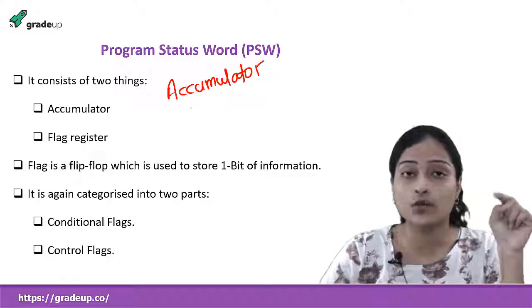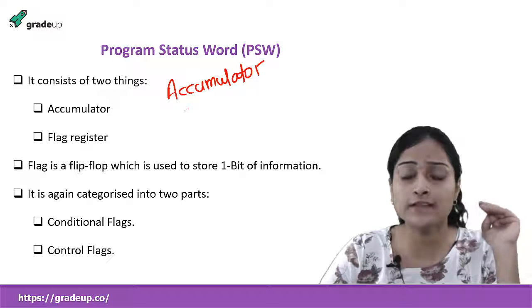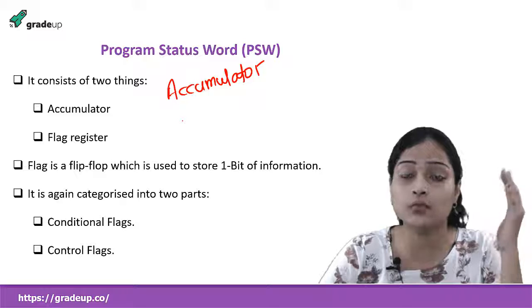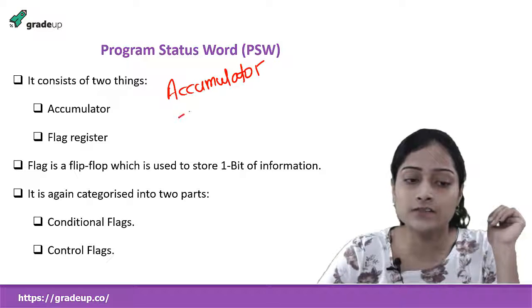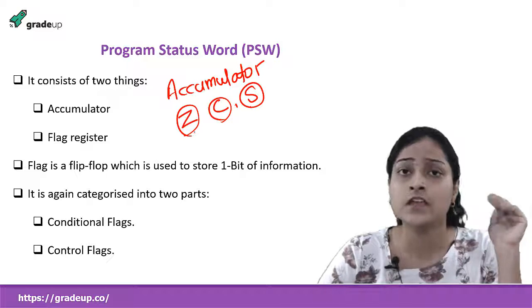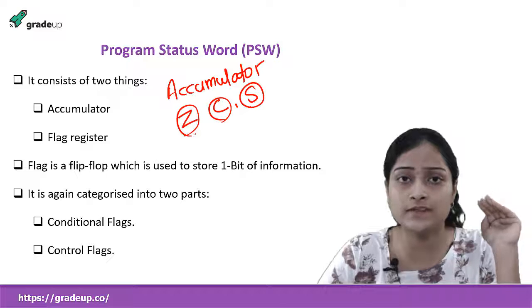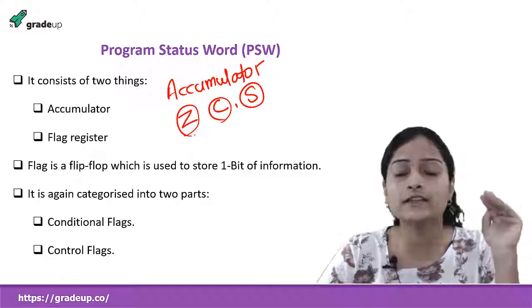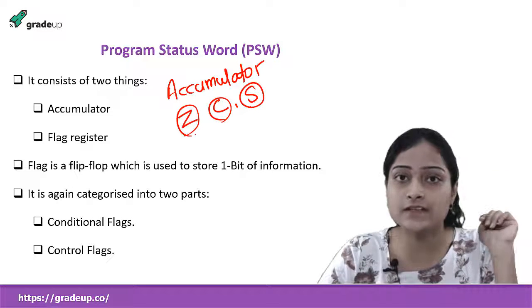One more thing we have observed while using so many instructions is that there were so many things like flags. I was using sometimes 0, carry bit, sign bit, and these type of things. So this information should also be stored somewhere. For this purpose, we use program status word.